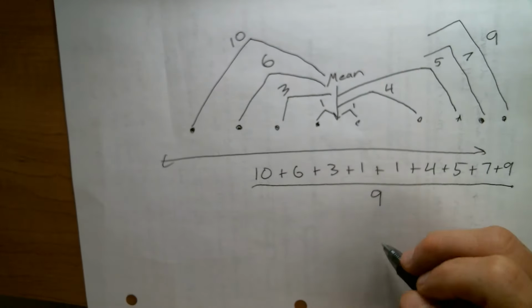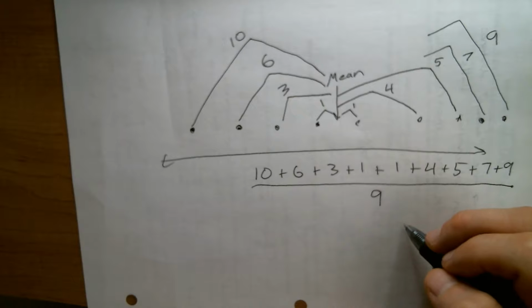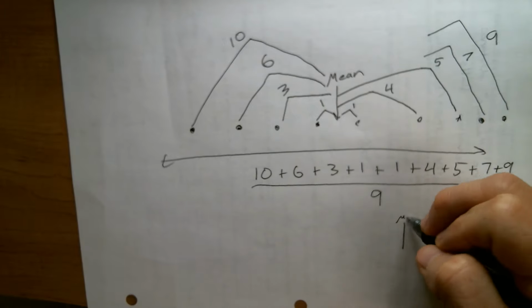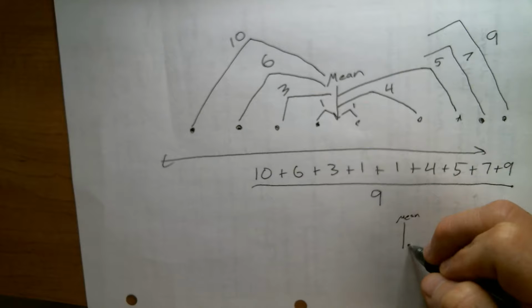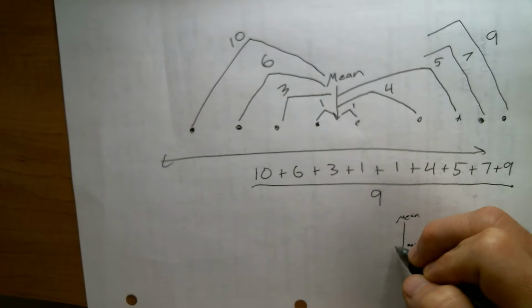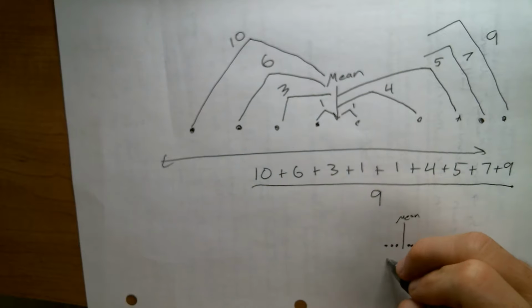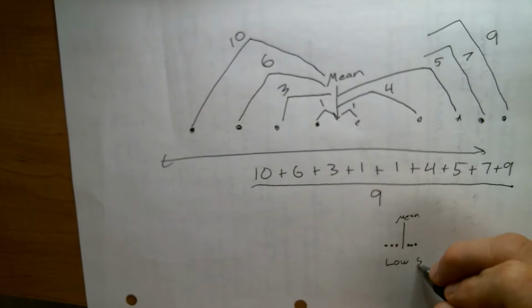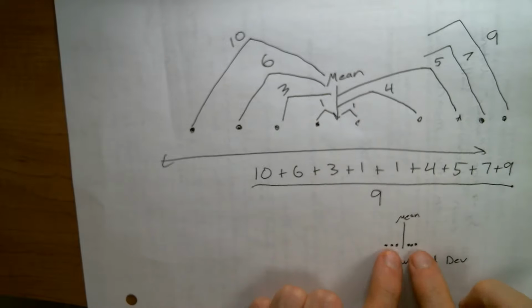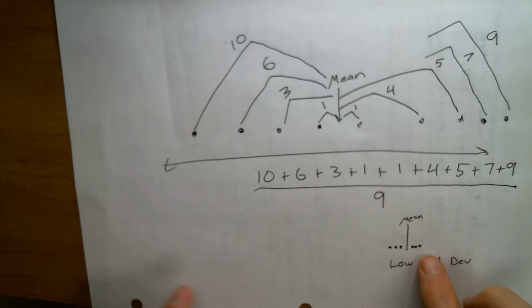So for example, if you had a distribution where this was your mean and all of your data was really close to the mean, you would expect that to have a low standard deviation because everything is really close to the center, or the mean.